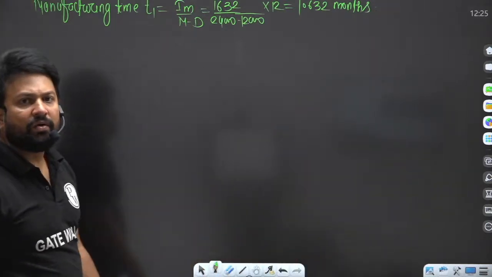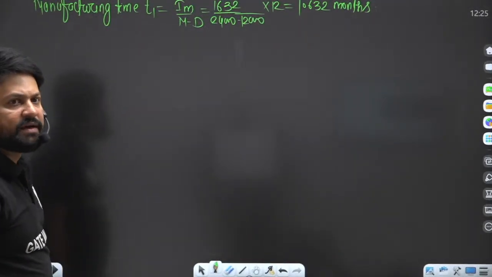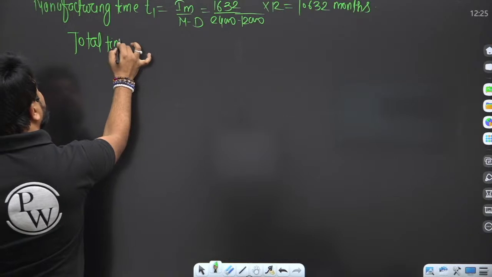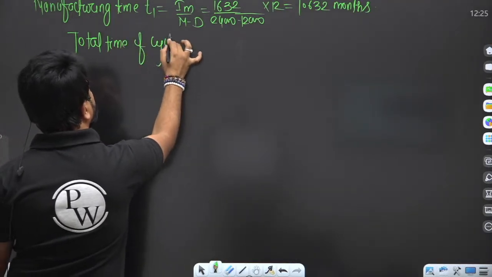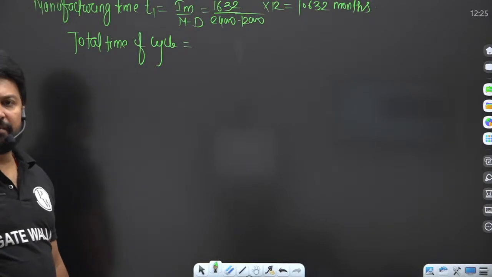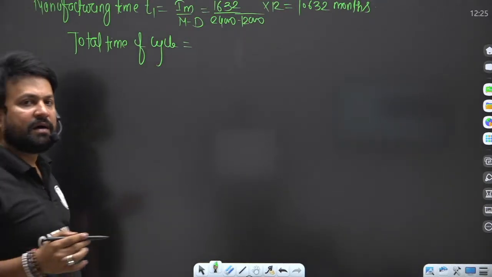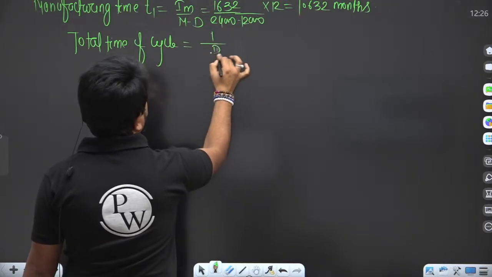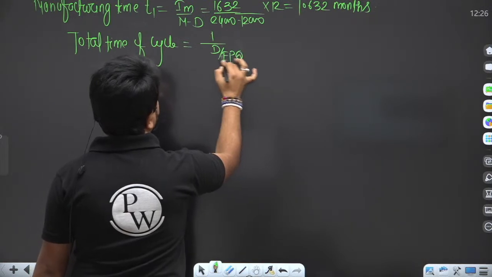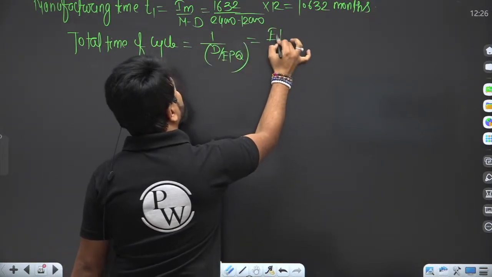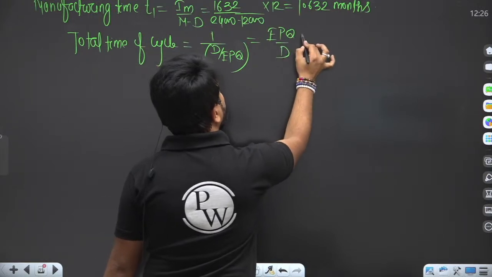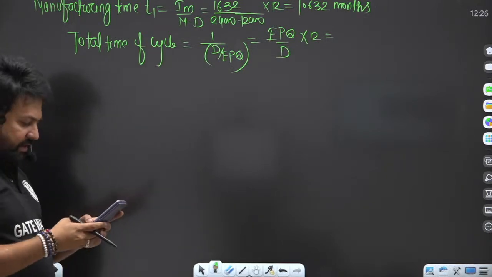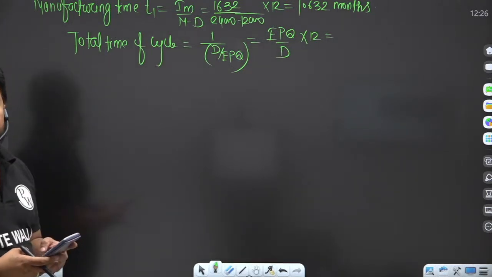Now the total time of the cycle. It is very clear that it is 1 by n naught, and n naught is D divided by the economic production quantity. So the economic production quantity divided by D, multiplied by 12, will give you the answer in months.